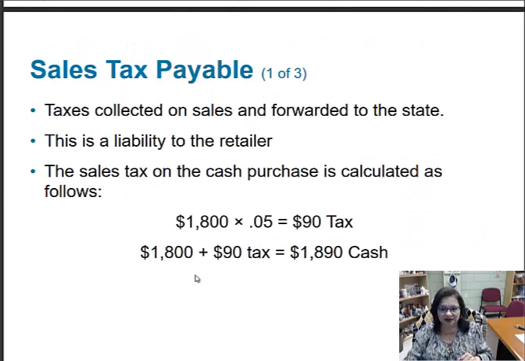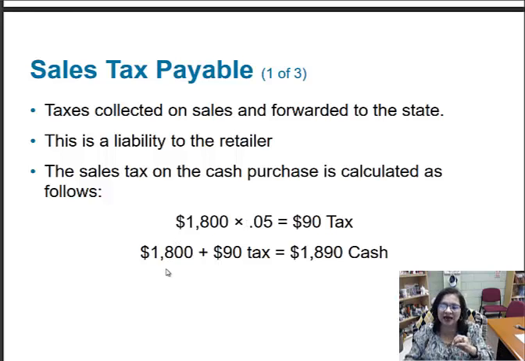Now, sales tax. This is what happens when you make a sale, and that money goes to the comptroller's office. So, for example, everything that is sold here in the state of Texas, we have sales tax on it, right? Ours is 8.25%.